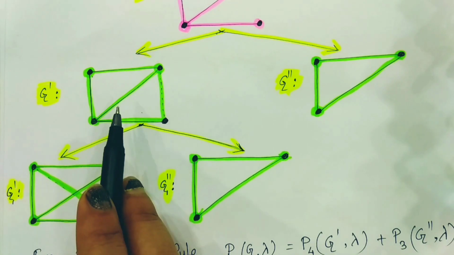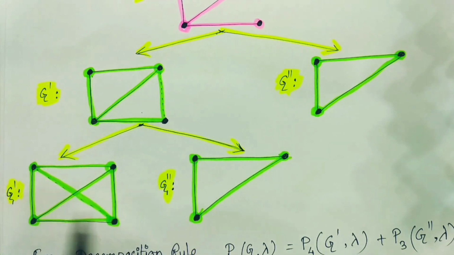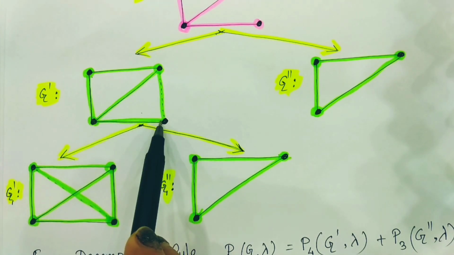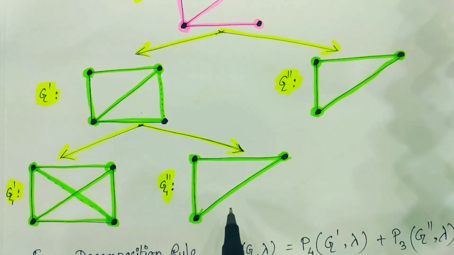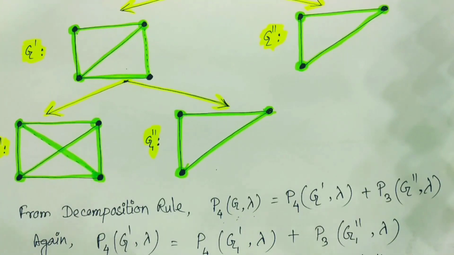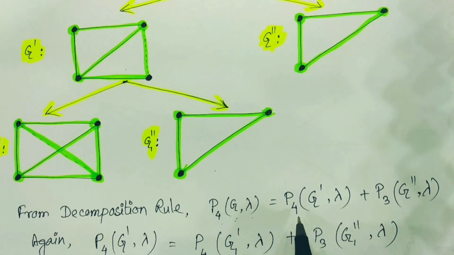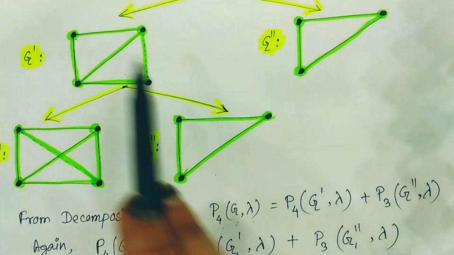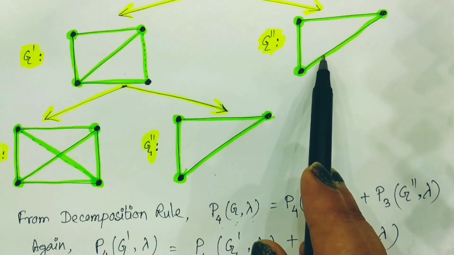Similarly, as this one is not yet complete, it should be decomposed further. This further decomposition leads us to this graph here. These two are the non-adjacent vertices, and depending upon that we will decompose these two. After this entire decomposition, the chromatic polynomial for the given graph equals the chromatic polynomial for G dashed, that means this one, plus the chromatic polynomial for this one.